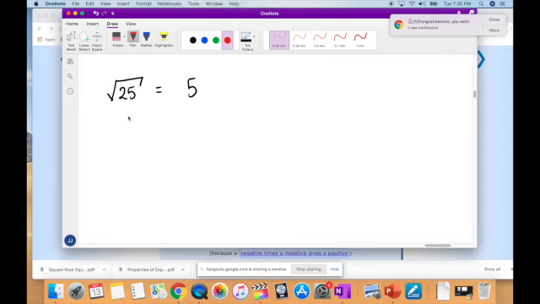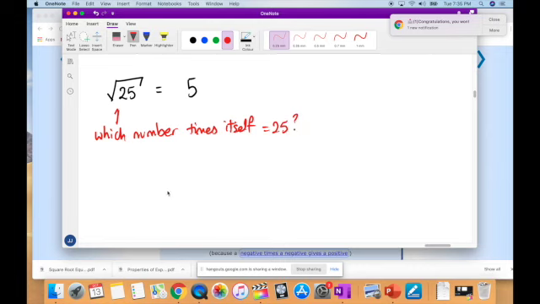So, 25. What number multiplied by itself equals 25?